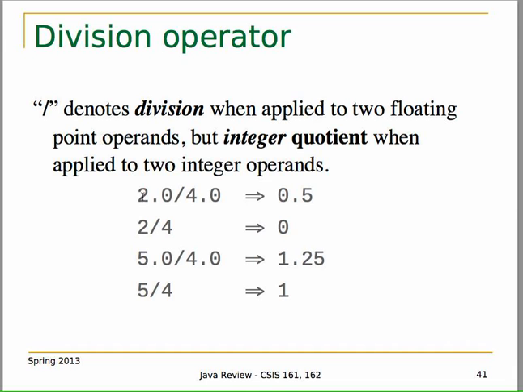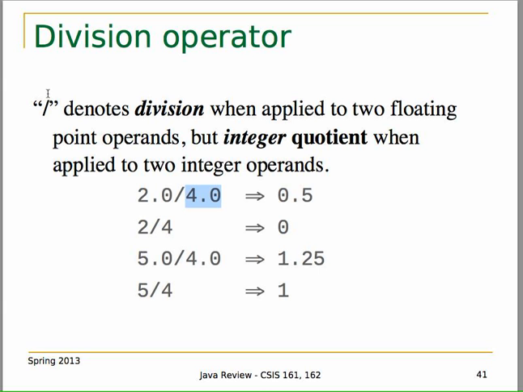Whereas 2.0 divided by 4.0, these are both double, and so the Java compiler will send this operation to the hardware floating point arithmetic logic unit, which takes two doubles in this case and produces as a result a double, a value of 0.5.